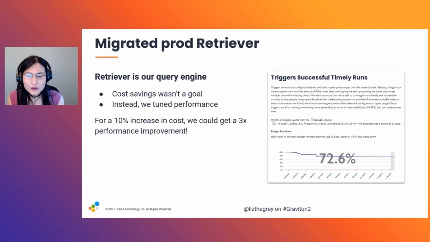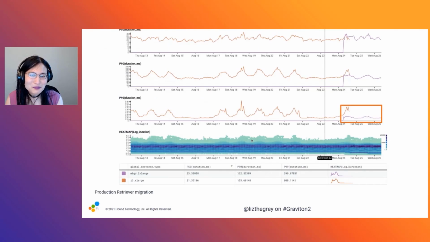So we discovered that we could run M6GD 2x large instances for only 10% more than i3 x large instances. And this would enable us to scale out the capability to index more data and to run more queries at basically the same cost to our users. For only 10% more cost, we could get twice as many cores, and each core would perform 50% better, right? Like that is a win-win-win.